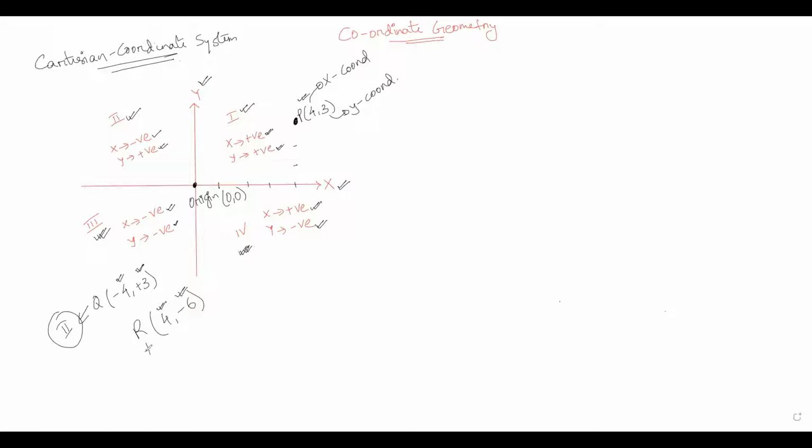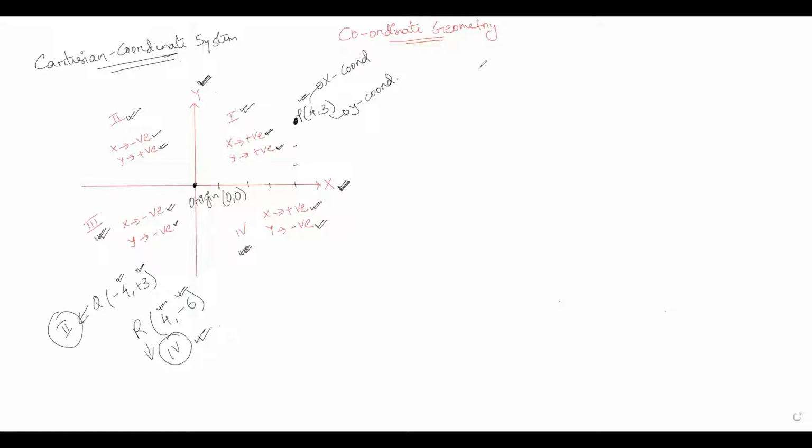So this point R would be lying in the fourth quadrant and so on. Also, any point on the x-axis will have the y coordinate to be 0 and any point on the y-axis will have the x coordinate to be 0.